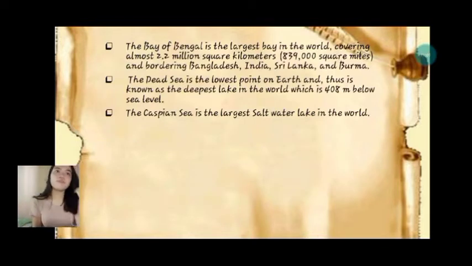The Bay of Bengal is the largest bay in the world, covering about 2.2 million square kilometers or 839,000 square miles, and bordering Bangladesh, India, Sri Lanka, and Burma.